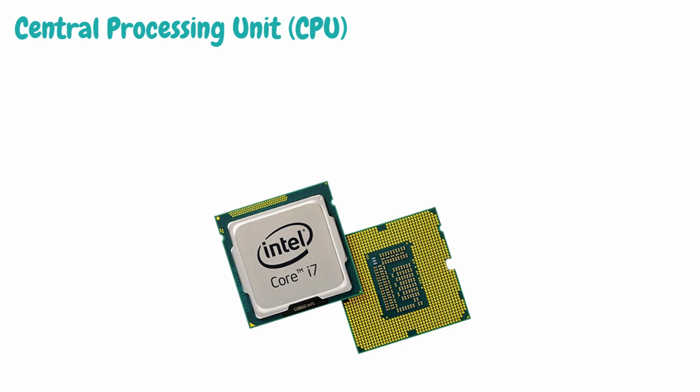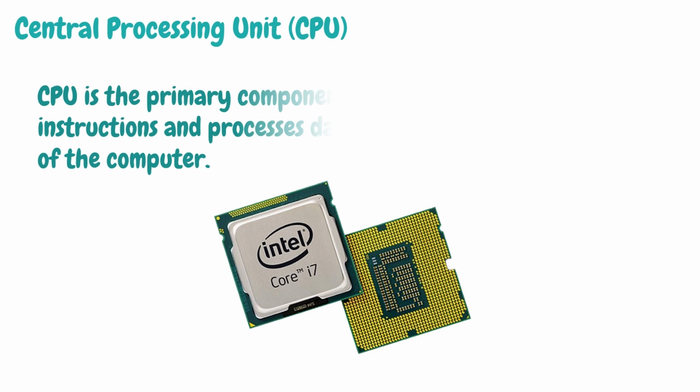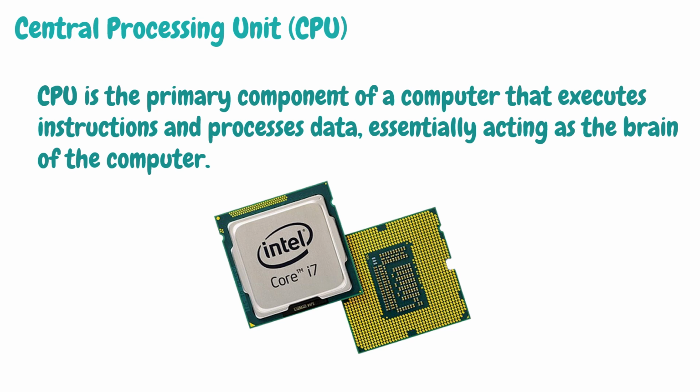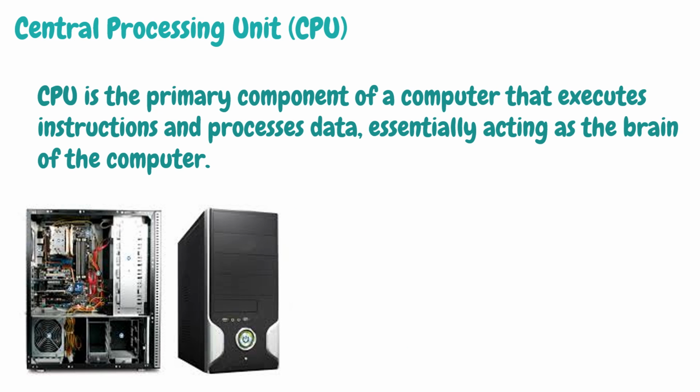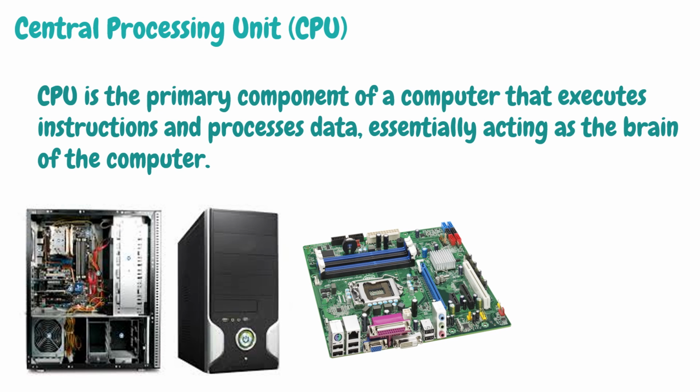Okay, this is a CPU. The CPU controls the computer and processes data according to given instructions. Actually, the CPU is located inside the system unit attached to the motherboard. That means it cannot be seen from the outside.